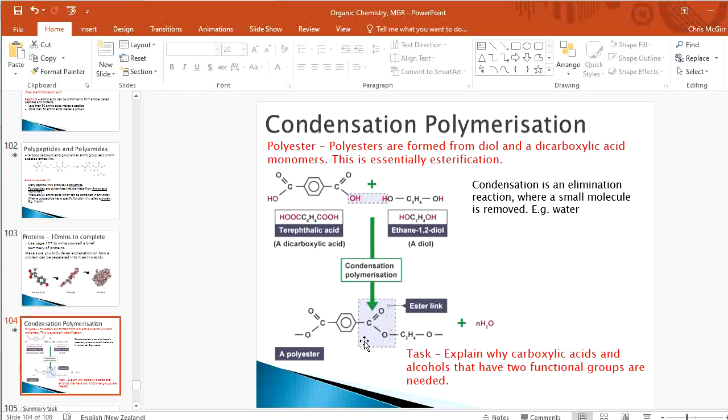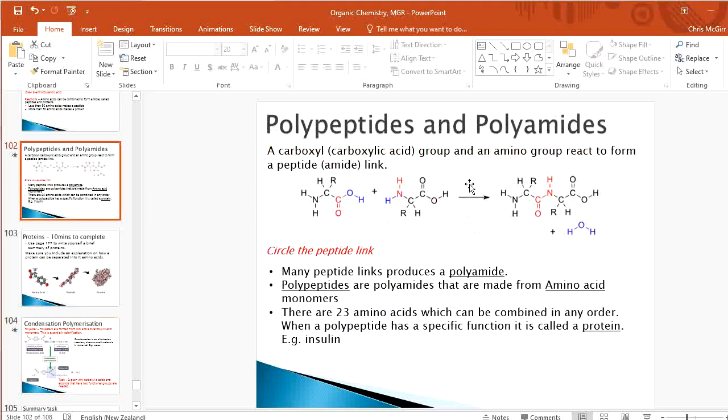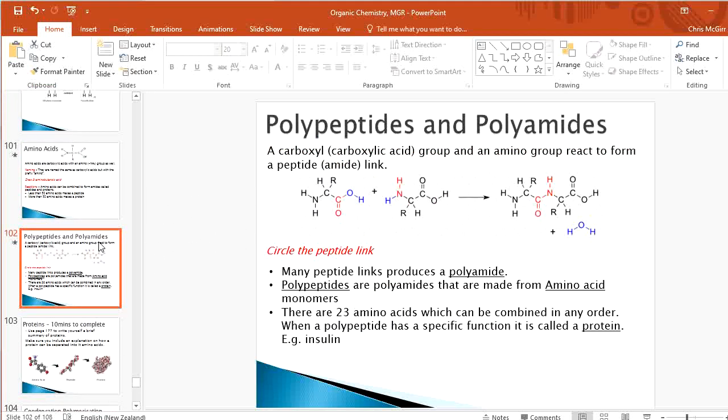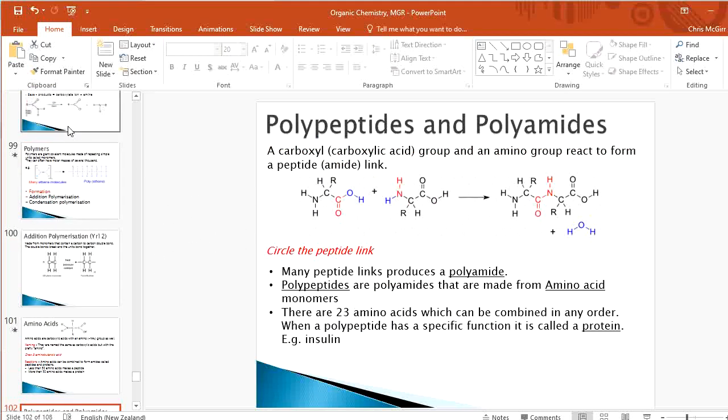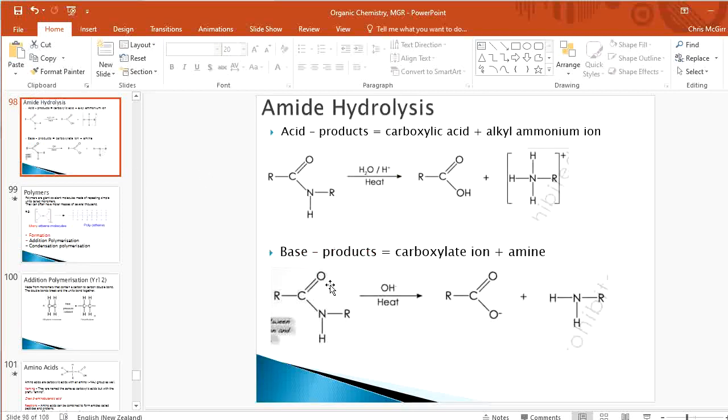The functional group breaks there, forming the carboxylic acid again, and then the alcohol. That's if it's acid conditions. If it's base conditions, it's going to form the carboxylate ion and the alcohol. With a polyamide, the hydrolysis is exactly the same as what we saw up here, acid and base hydrolysis. So that really concludes the main parts of this topic.